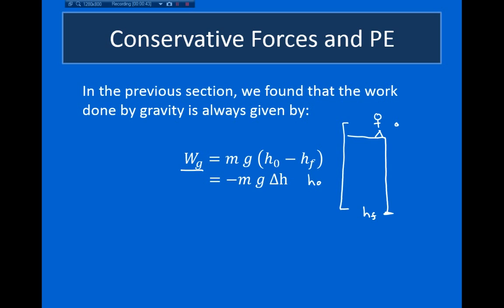The work that's done by gravity was just the force due to gravity, which is mg times the initial height minus its final height. Another way we could write this is minus mg delta h. The minus sign comes because, remember, delta h is h final minus h initial, but the work done by gravity is h initial minus h final.